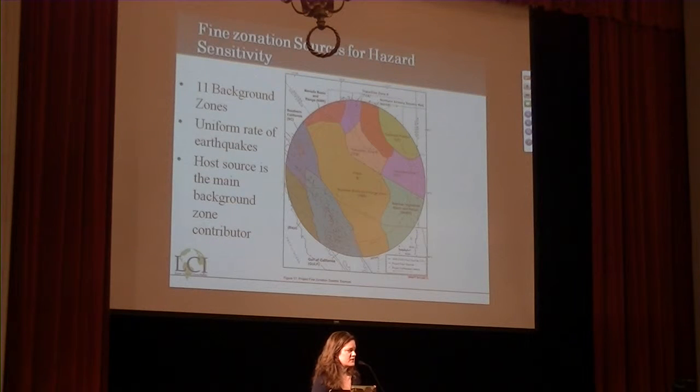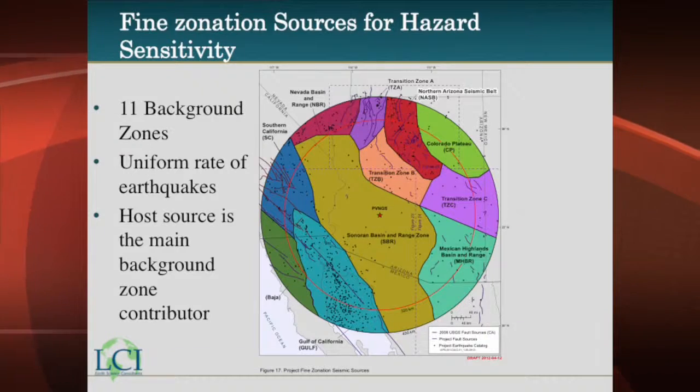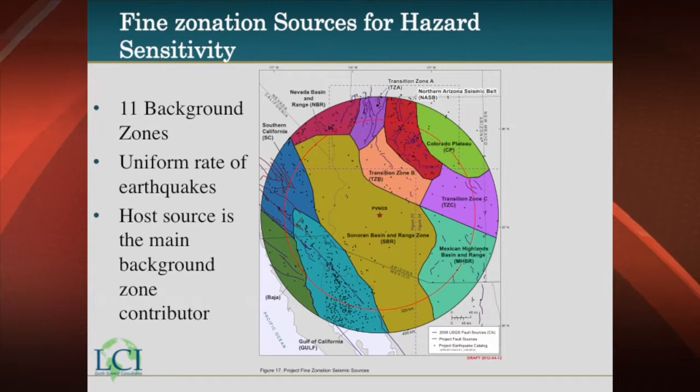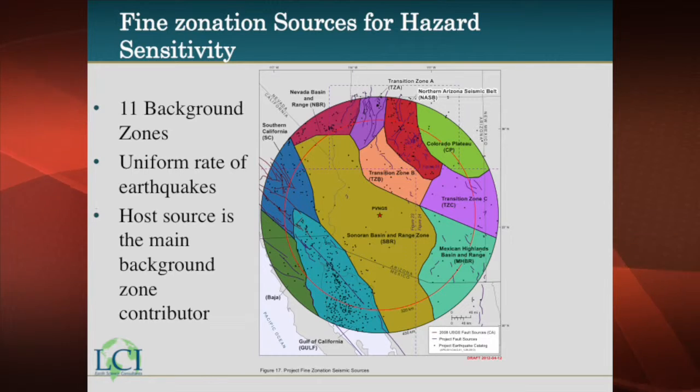There were 11 fine zonation sources. What distinguishes these sources is the uniform rate of earthquakes, so there is no variable seismicity here that I ran. And you can see here this is the host source, the Sonoran Basin and Range, and this is the main source contributor at the high frequencies. And there's your site, shown as a red star.